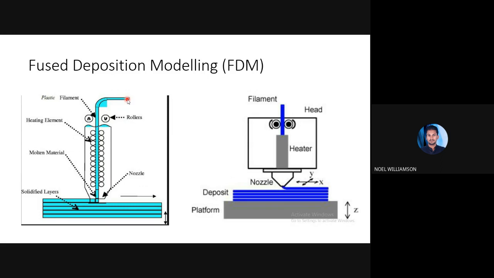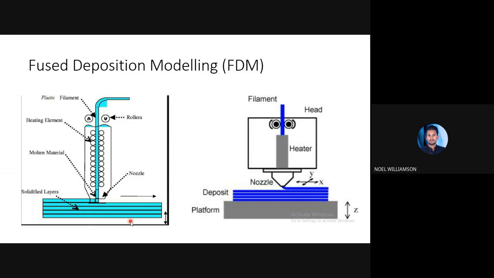Using that, we are making the final product. It is either a plastic or wax or anything like that. That material in the form of a filament is melted and liquefied and passed through the nozzle.